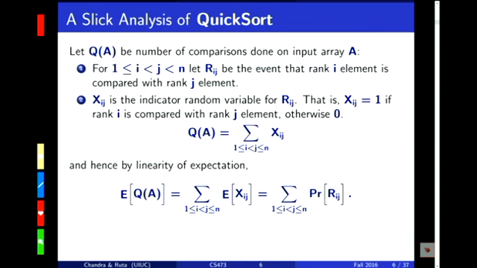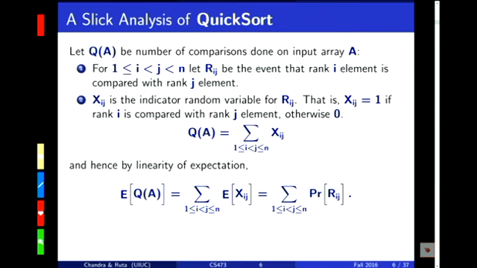Okay, let's see what this means. First of all, the number of comparisons is just the summation of xij. Do you agree with that? Because xij happens whenever I compare i with j, and if you sum over all possible i and j, that is the total number of comparisons you are making. By linearity of expectation, the expected number of comparisons is the sum of the expectations of all these xij.